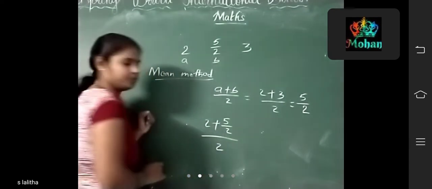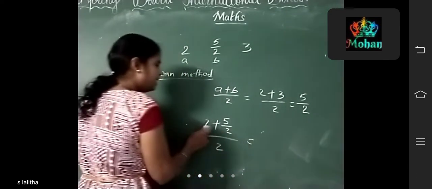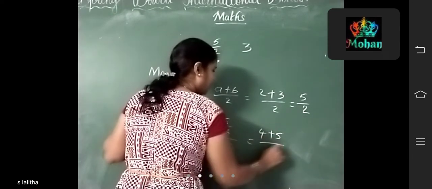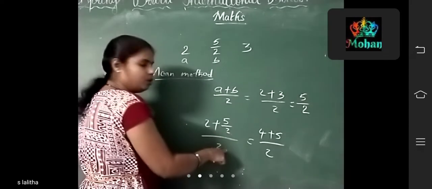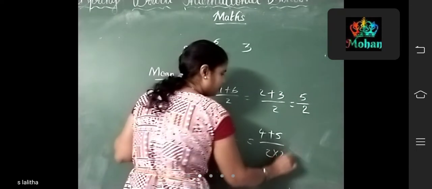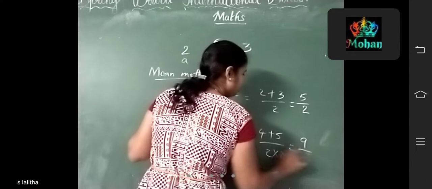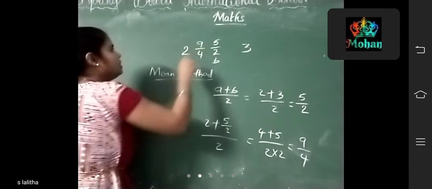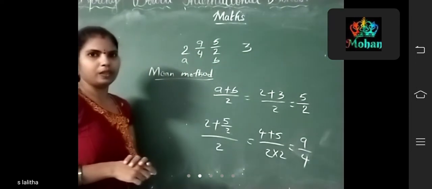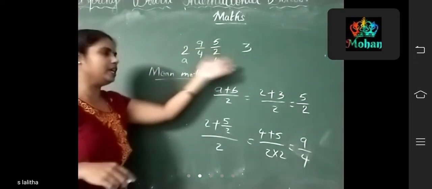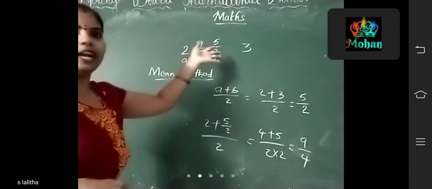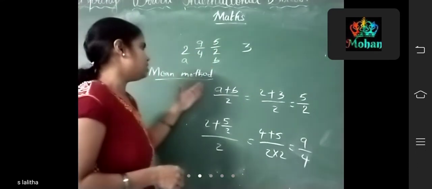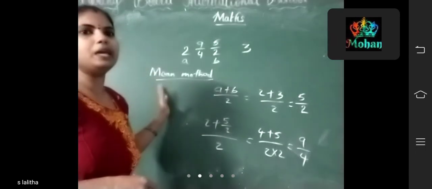So find the LCM: 2 2s are 4, plus 5, by 2. Here 2 will become the denominator, that means into 2. 4 plus 5 is 9, 2 2s are 4, 9 by 4. So in between these two numbers, the rational number is 9 by 4. Like that, in between two rational numbers, there are infinite rational numbers. This was the first method, (a plus b) by 2, the mean method.